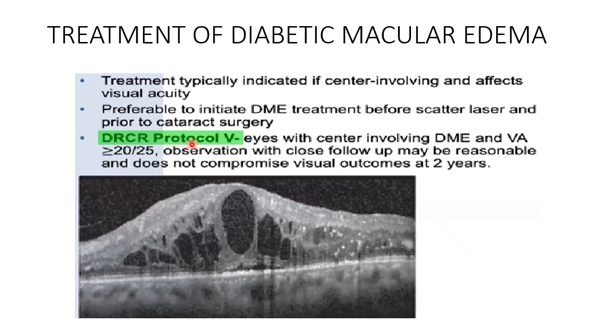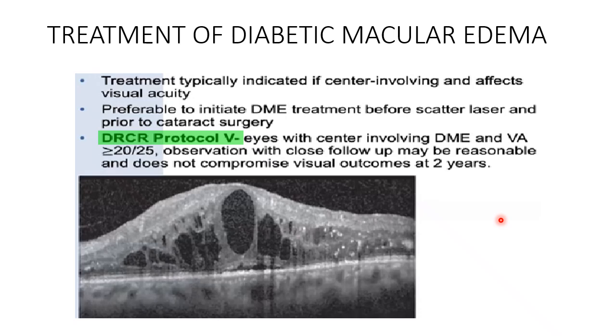There was this protocol, DRCR protocol V, which states that for eyes with center involving DME, the first criterion being center involving DME but visual acuity better than 20/25, observation with close follow-up may be reasonable and does not compromise visual outcomes at 2 years. So basically, they evaluated patients of center involving diabetic macular edema with good visual acuity.